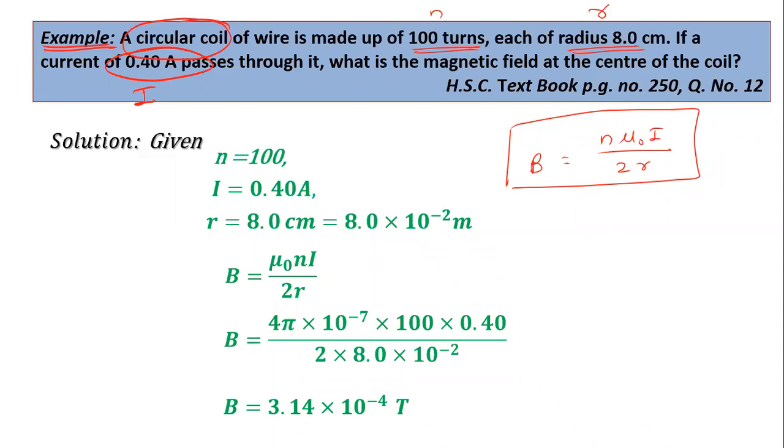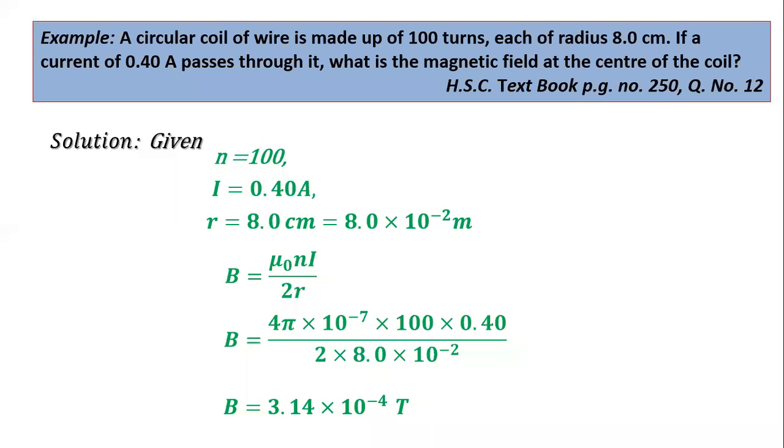And after solving this, we get the answer 3.14 into 10 raised to minus 4 Tesla, or you can use the unit Weber per meter square also.